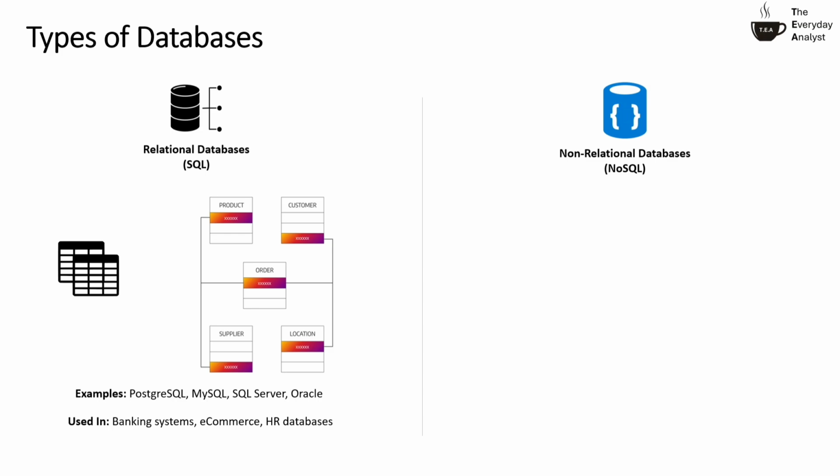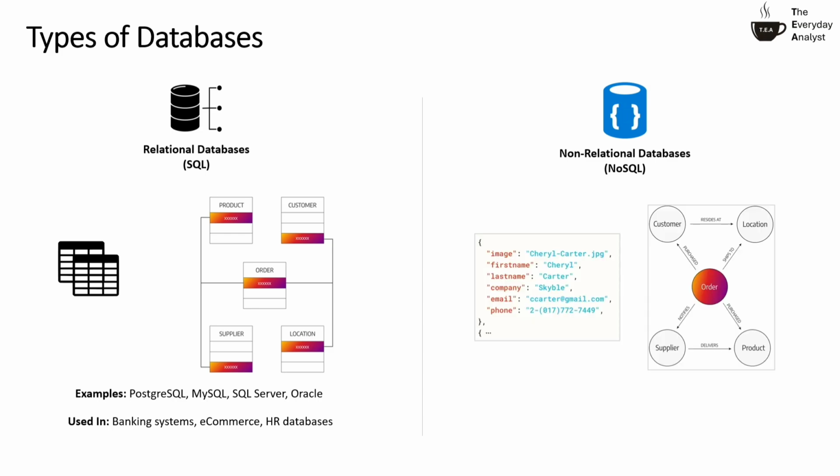On the other hand, we have non-relational databases that store data in flexible formats like JSON, key-value pairs, or graphs, making them ideal for dynamic, fast-changing data structures, especially in modern applications dealing with large, fast-moving data. This makes them perfect for handling unstructured or semi-structured data where relationships between data points might change over time.